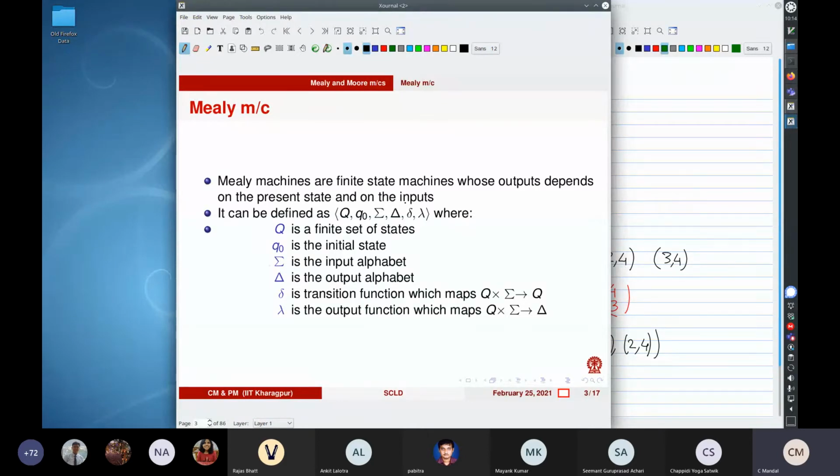So if they have the same computing power, can you identify a point of difference between deterministic finite automata and non-deterministic finite automata? Given that you have already studied that both of them have the same computing power, can you identify a difference between the two?